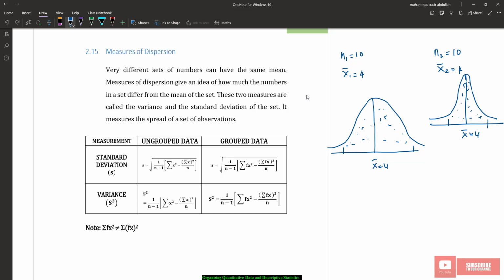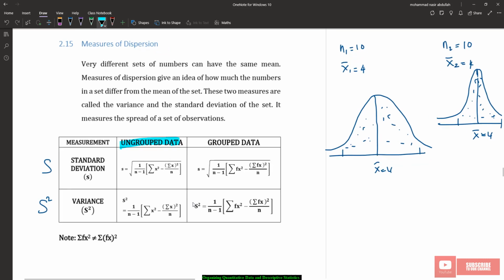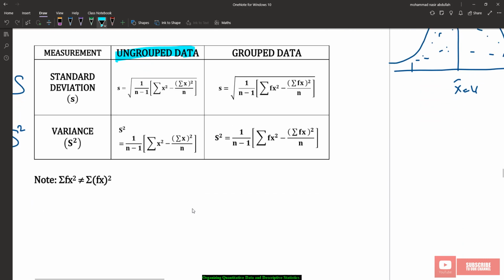So for ungrouped data, the symbol for standard deviation is S, and variance is S squared, right? Let's focus on ungrouped data. Ungrouped data, kalau you nampak the formula, it is 1 divided by n minus 1, multiplied with summation of x squared minus summation of x, then squared.